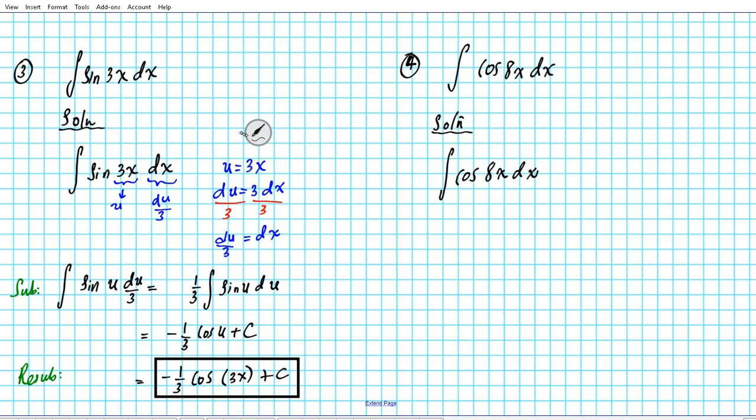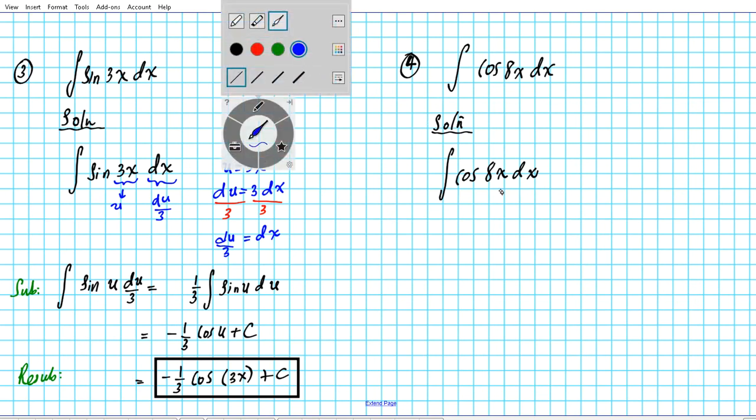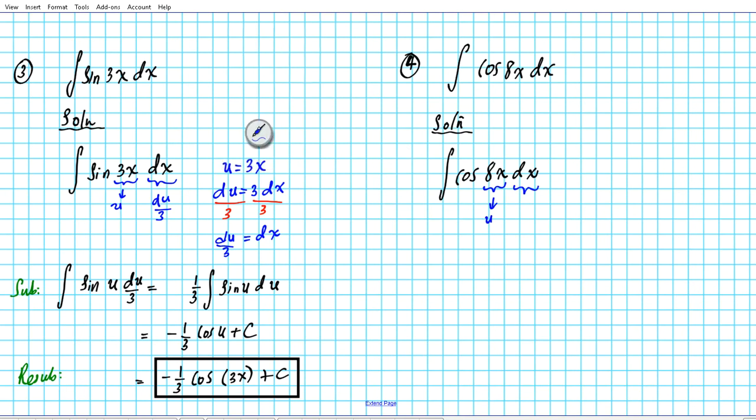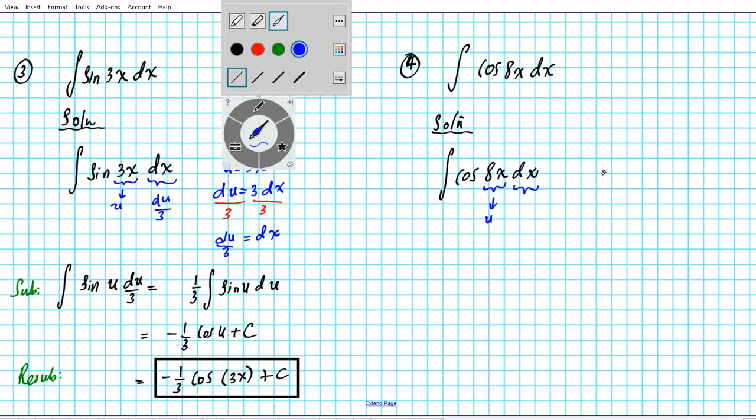So the inner function of the composite function is going to be u. So u is going to be 8x. So what is this dx going to be if u is 8x? Well, let's go ahead and figure that out. If u is 8x, then if we differentiate, du, the derivative of 8x is 8 dx, right?